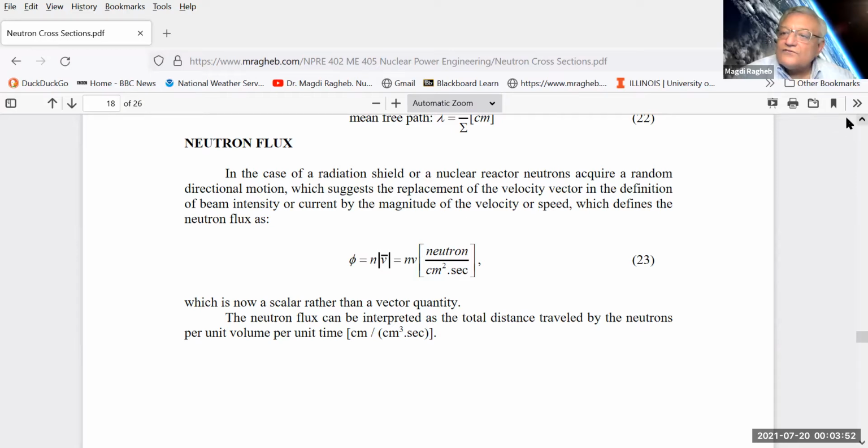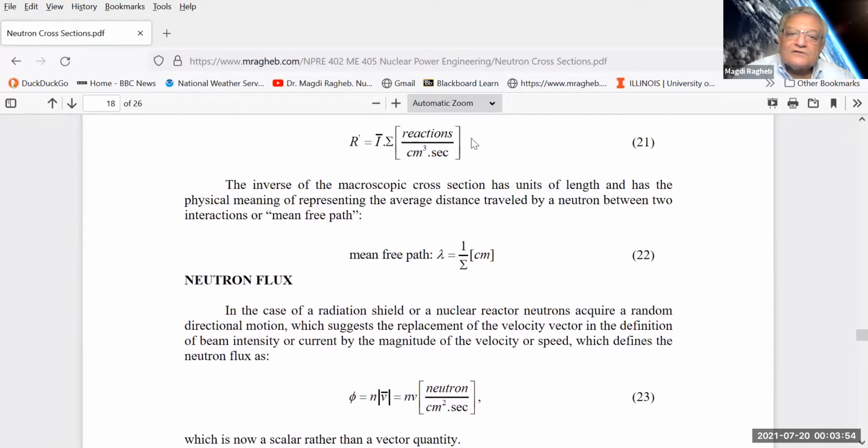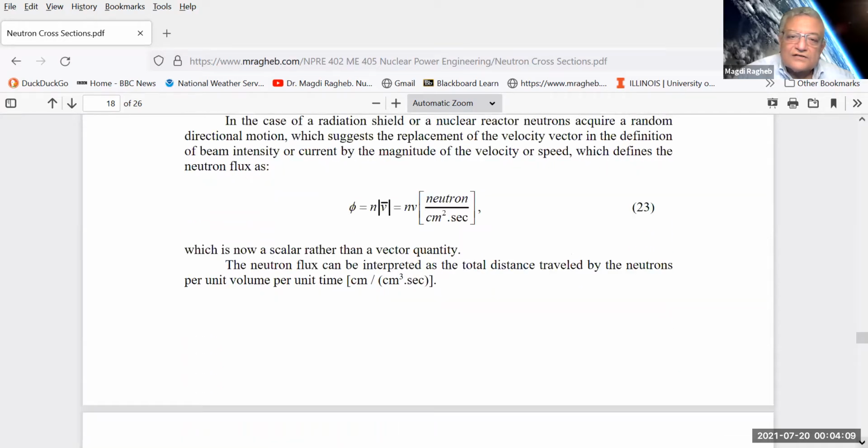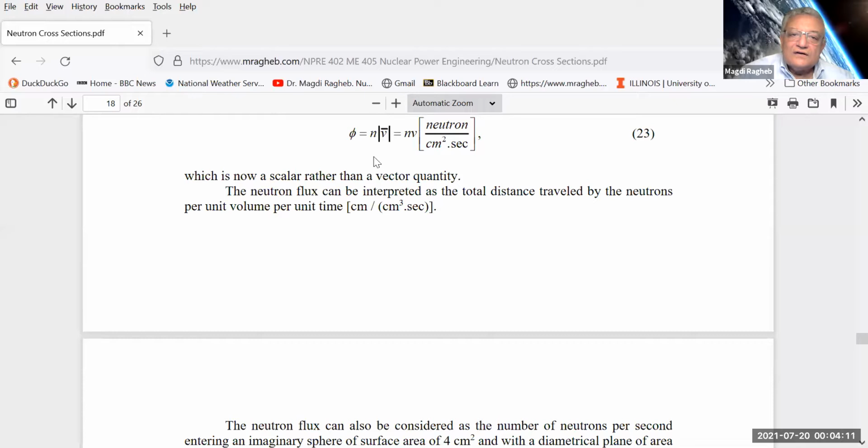When we take now the neutron flux and multiply it by the macroscopic cross-section, we get the reaction rate density. So this equation applies to particle accelerators or beams of neutrons. We relax that for a nuclear reactor by defining the neutron flux. We'll see later that the neutron flux doesn't have directional properties, so it's a scalar quantity, same as temperature.